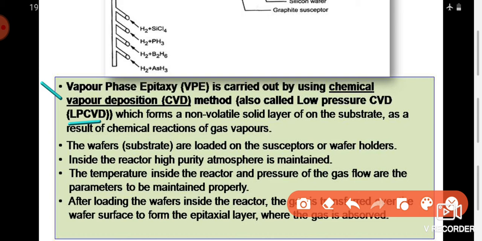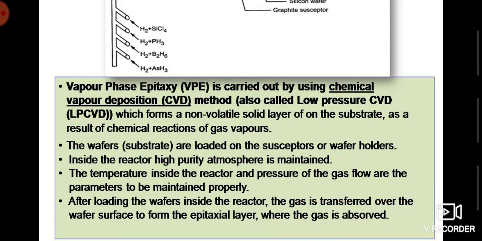But if the pressure is not low enough, then the supply of gas has to be increased, which is very costly. So it is cost effective to use low pressure for the deposition technique.